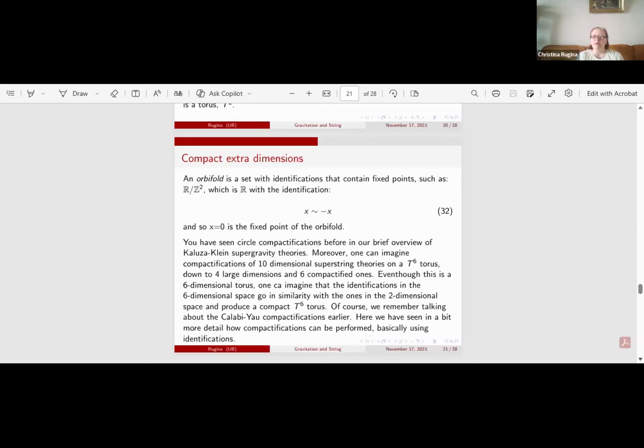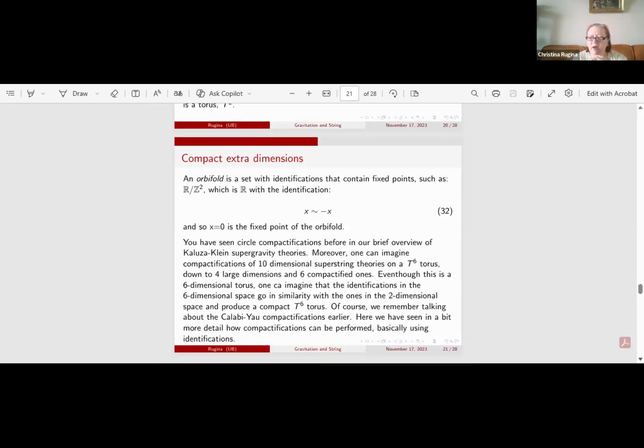So three regular tori, where you have the square, you identify the sides of the square like that, you get a cylinder. Then you identify the circles of the cylinder and you get a torus. Three tori like these form a T6 torus. So you don't need to be scared about T6. It's really three tori like that.